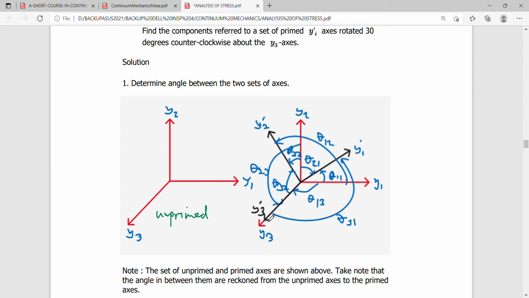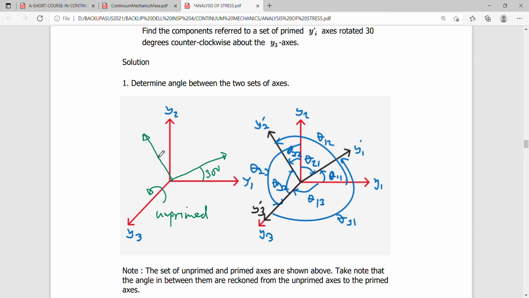So take note that the third axis y prime 3 was not moved, because the axis of rotation of 30 degrees was based on a counterclockwise direction about the y3 axis. It's just like saying that this rotated here at 30 degrees, and since these are orthogonal, our rotation is actually about the y3 axis.